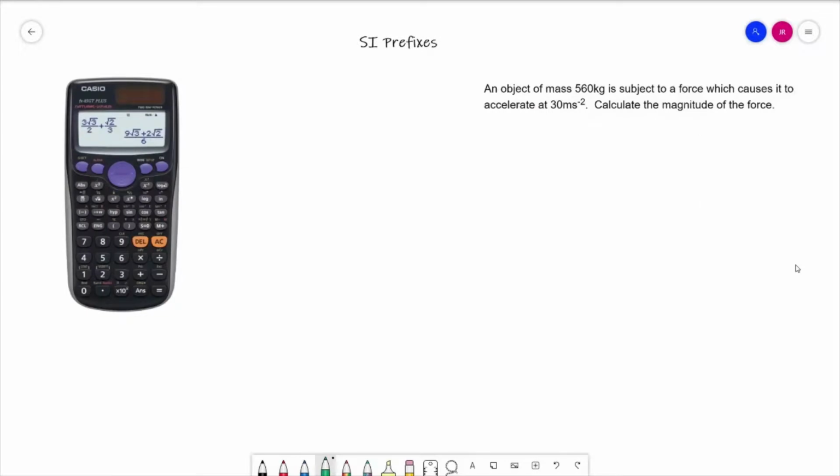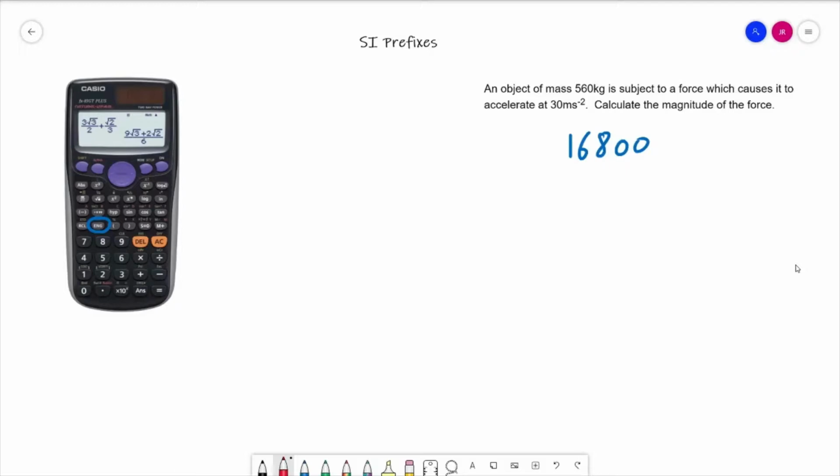Now, just to show you another trick with the calculator that we can use. Once again, if we use the question from the last screen, we know that our calculator tells us 16,800. Now, at that point, we can use this button here, which says ENG. And what that will do immediately is convert your answer into the style of an SI prefix answer.